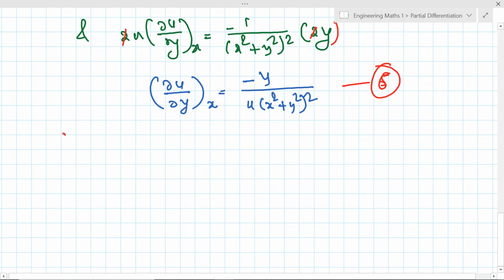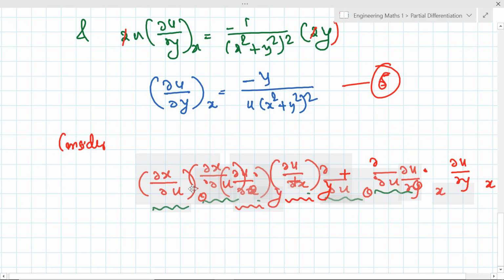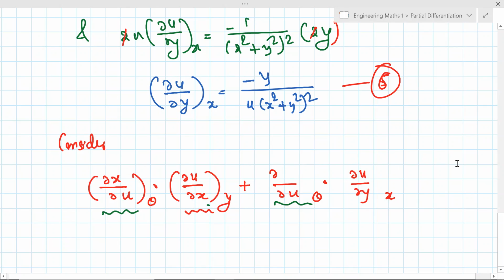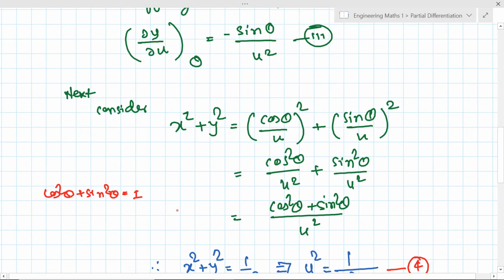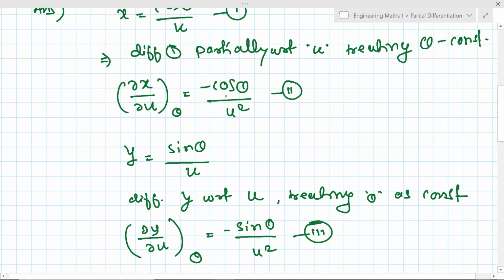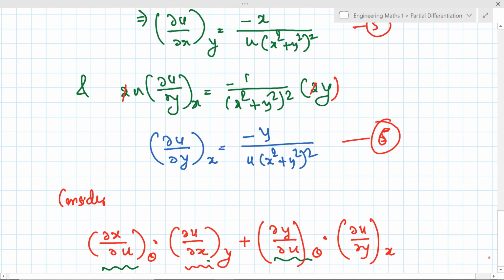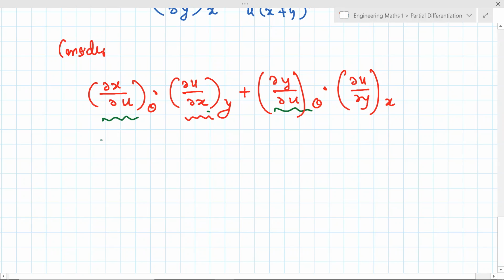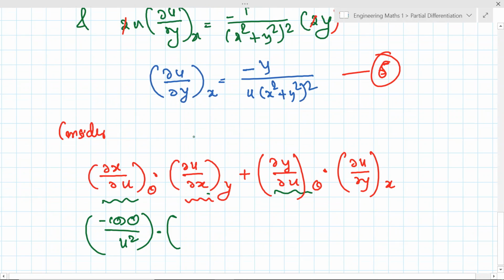Del x by del u, treating theta constant, is minus cos theta upon u square, into del u by del x treating y constant.